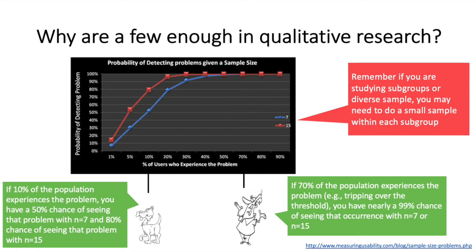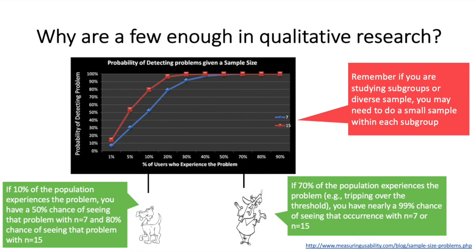On the y-axis, you have the probability of detecting that problem. This chart shows you what the probability is of detecting a problem given a sample size of 7 in the blue line or a sample size of 15 in the red line.